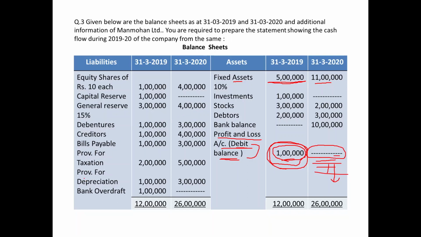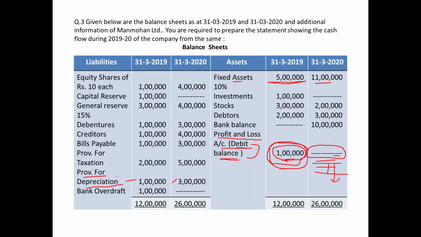Simultaneously on the liability side, have a look. Second last item, provision for depreciation. 1 lakh opening balance, closing balance 3 lakhs. It means company follows the depreciation fund system. You know, there are 3 titles that can be used for this depreciation system.